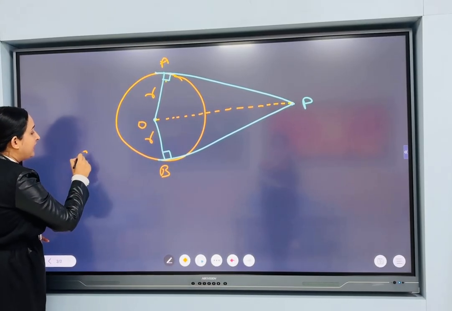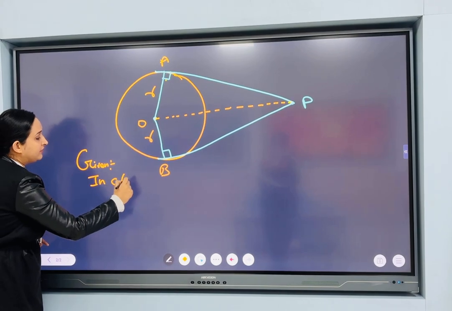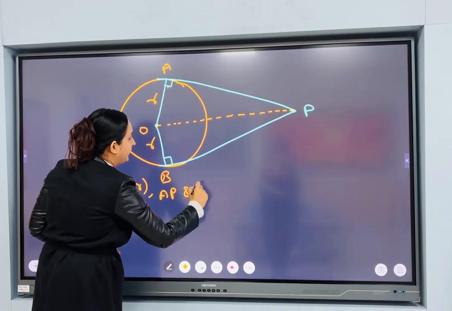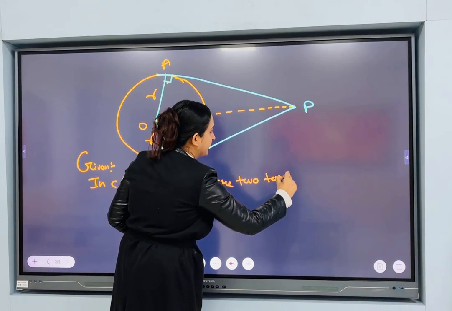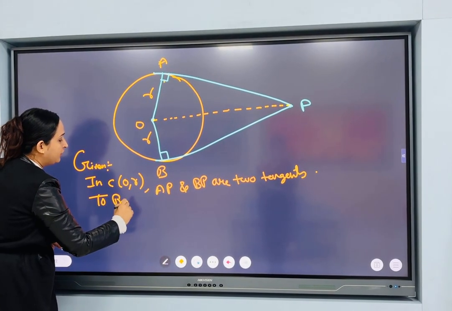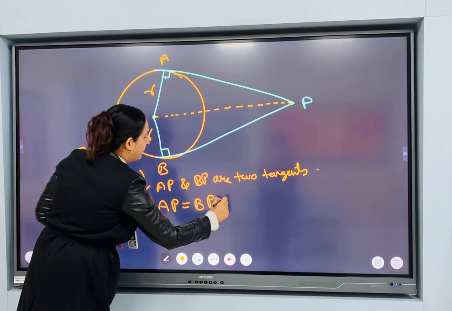So what is given? Given is, in a circle with center O and radius R, AP and BP are two tangents. What do I have to prove? I have to prove that both the tangents are equal, right?